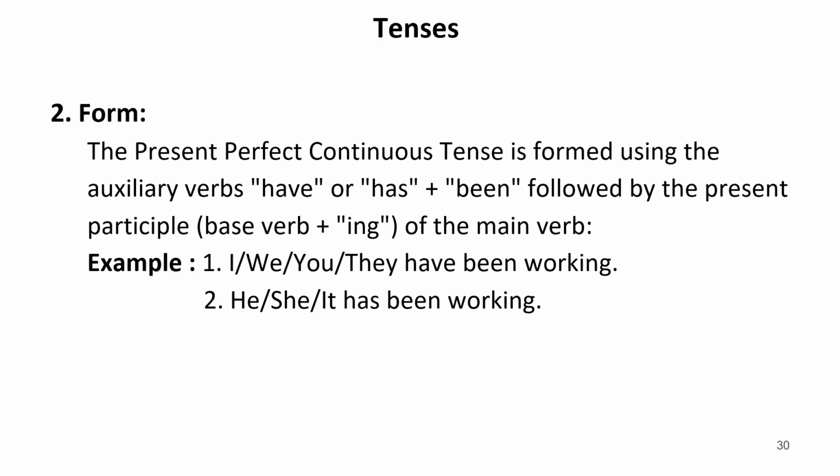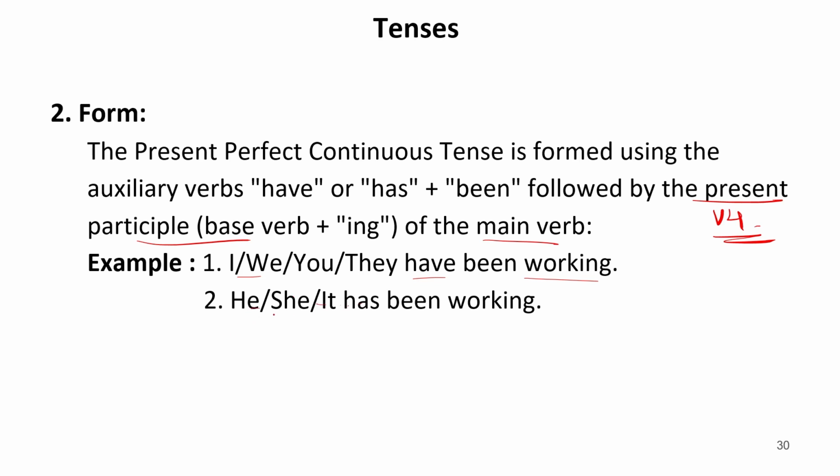The present perfect continuous tense is formed using the auxiliary verbs have or has plus been, followed by present participle, that is base form plus ing, which we also call verb fourth form in our language. Then we have main verb. For example, I have been working, you have been working, we have been working, or they have been working.